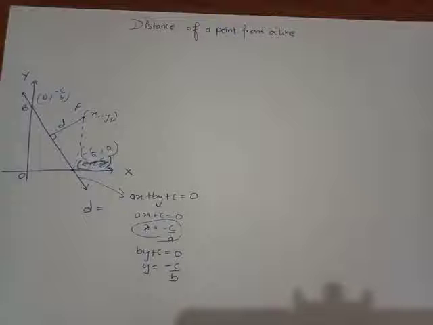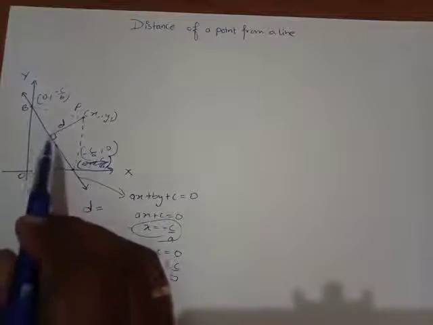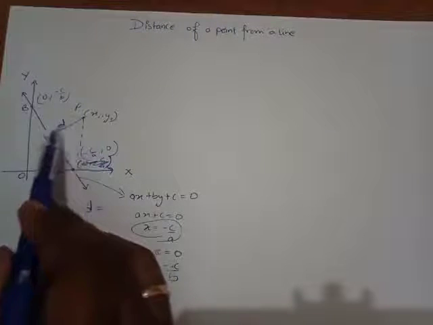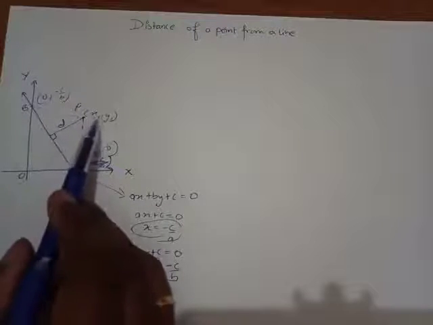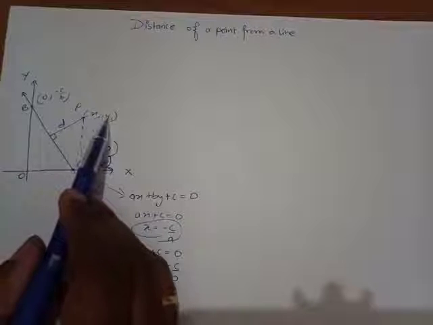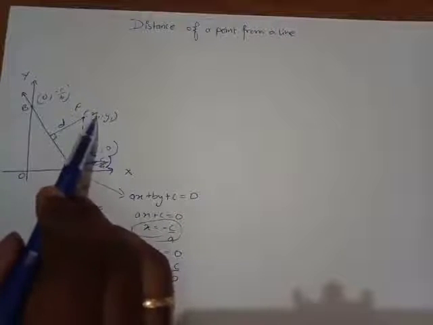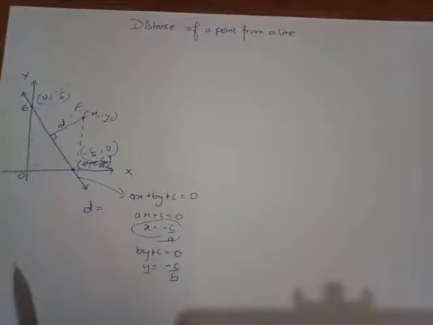I hope you understood what we are trying to learn in this video. We are learning how to find the distance between a given point and a given line. The point will be given, maybe 3 comma minus 2, and the equation of a line will be given. We are understanding how to derive the formula.